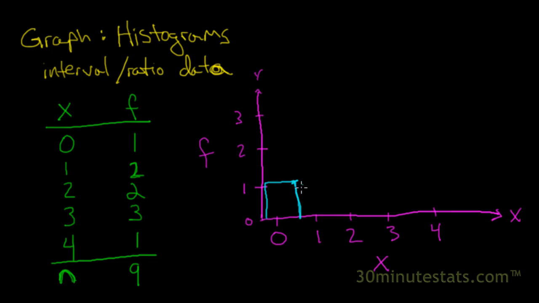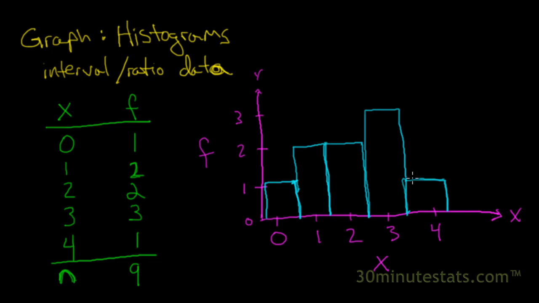Now for the value of 1, there are 2 observations in our data, and so we'll make a bar that goes up to 2, a frequency of 2, and then for the x value of 2, there are also 2 observations in the data, so we'll create another bar at 2 that goes up to 2. For the x value of 3, there are 3 observations in our data, so we'll draw a bar that goes up to 3, and then the x value of 4 only occurs once in the data set, so here we go up to 1, and then we create a bar.